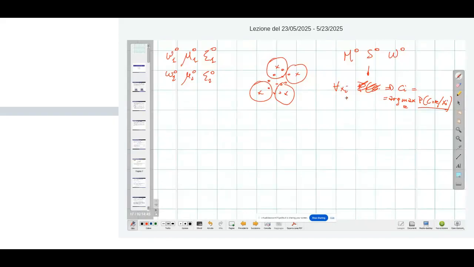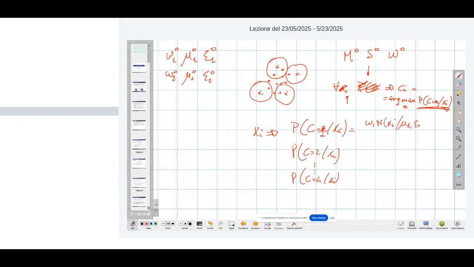So for each sample I will compute the cluster posterior probability for all the possible clusters. So I have point xi. I will compute the probability that the cluster is 1 given xi, the probability that the cluster is 2 given xi, in this case up to 4, if we have 4 components. W1 normal of xi, mu1, sigma 1, divided by the GMM density.